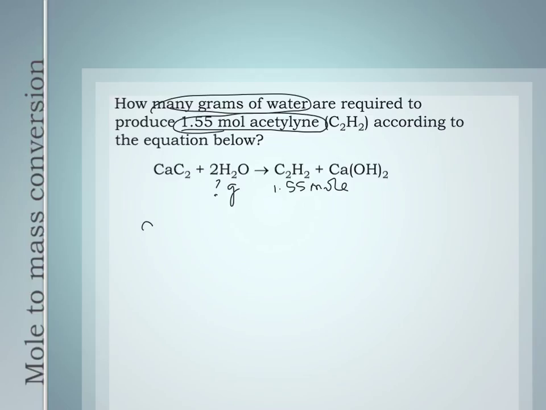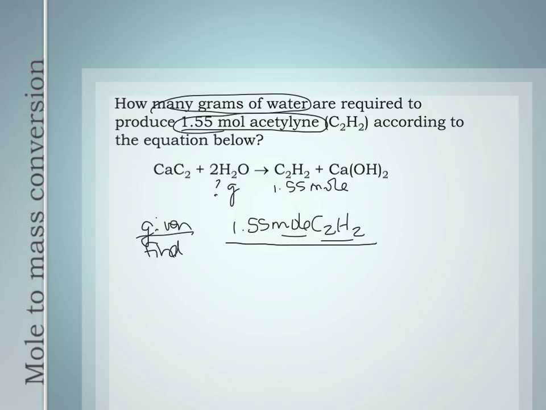So I'm going to do my given over my find or my looking for, and I'm given 1.55 moles of C2H2. Notice I write moles and what the substance is. And then I'm looking for grams of H2O.